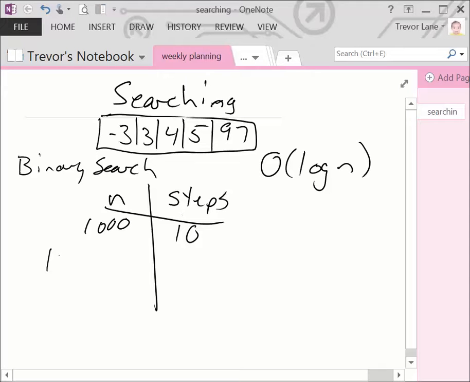If n is 1,000,000, you end up with approximately 19.9. So about 20 steps for 1,000,000. 20 steps, 20 comparisons, 20 operations in order to find an element in 1,000,000 elements. That's an incredibly powerful tool.